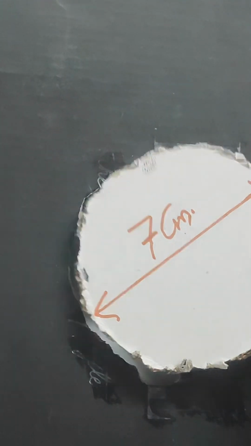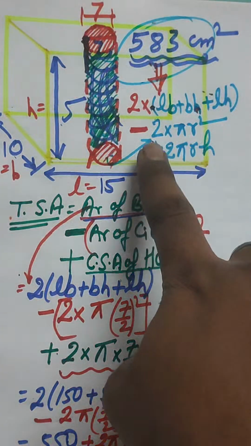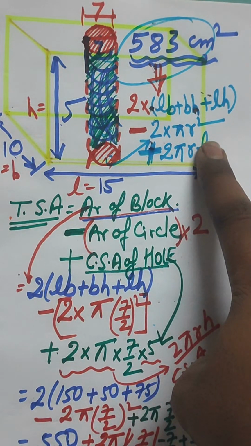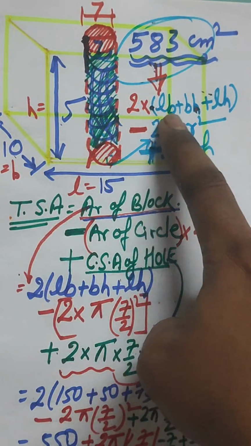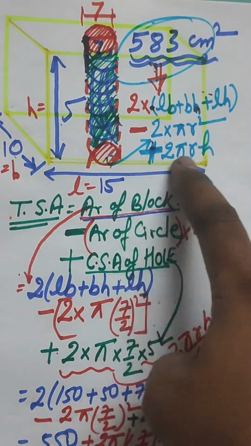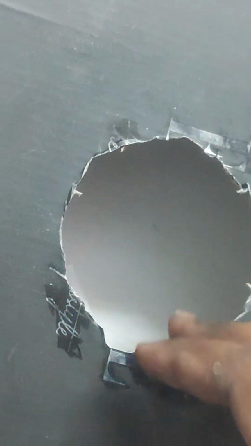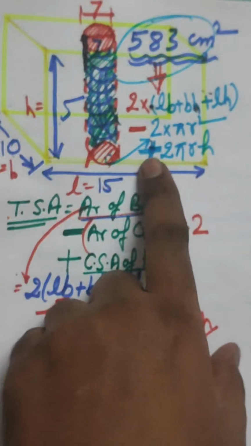So in this way two circles will be removed, which is the area of these two circles removed from the total surface area of the box. And after that 2 pi rh, the curved surface area of the cylinder, the wall of the cylinder, which you are able to touch when you insert your hands through the hole of this box, which is cylindrical in shape. That is 2 pi rh.